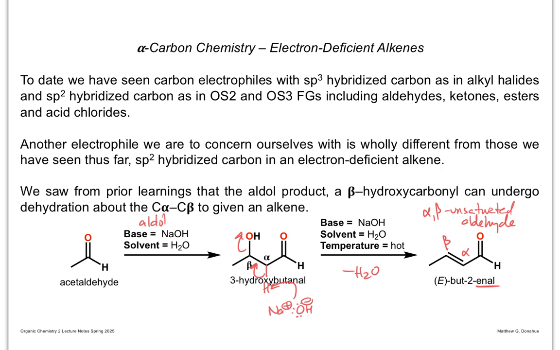If you remember from way back, the start of the semester, we talked about conjugation. When you have two or more double bonds directly bonded to one another, they have this resonance. You can draw these resonance forms.